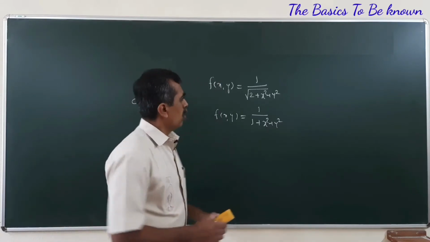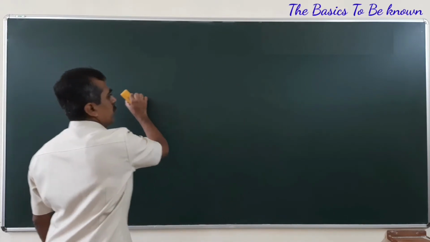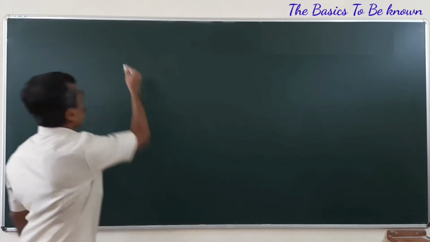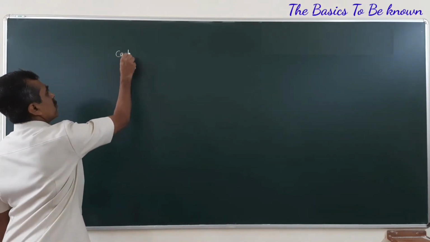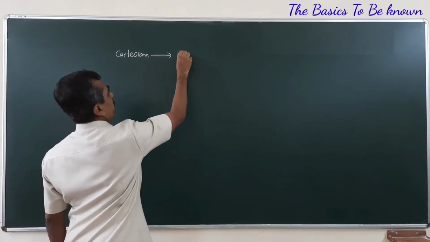As all of you know, for change of variable in double integral, the simple change of variable formula is from Cartesian coordinates to polar coordinates.